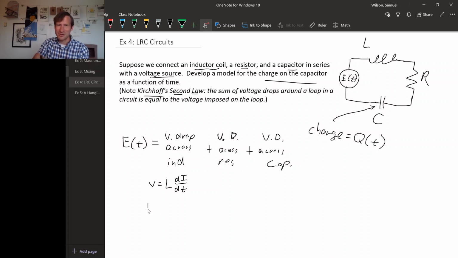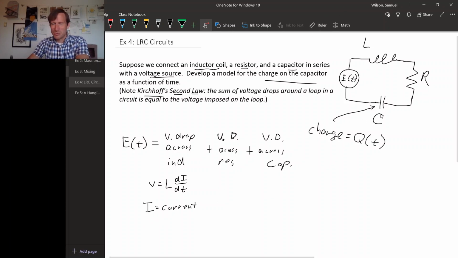So here's another new symbol. I is current, and that's going to be a function of time in general through a circuit like this. We can't use C for current because capacitance is taken. Capacitance uses C, so we use I, but that means we can't use I for inductance, so that's why inductance is L.